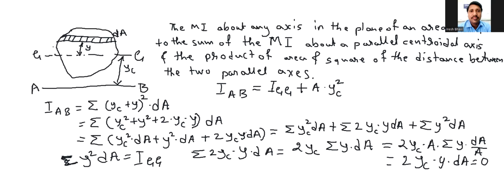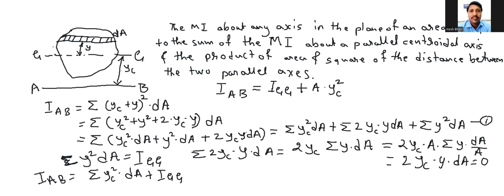Hence this above equation, let us call this equation 1, will become IAB is equal to summation of Yc square into dA plus summation of Y square into dA, which is IGG.